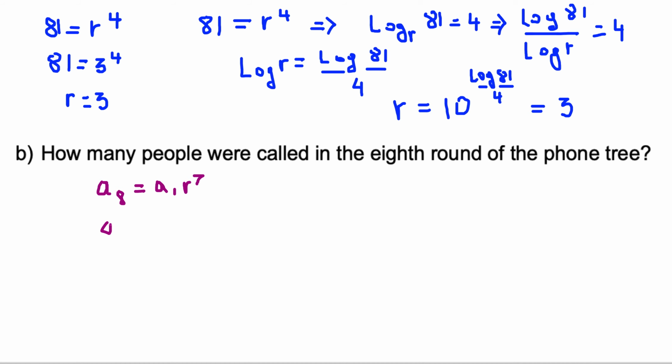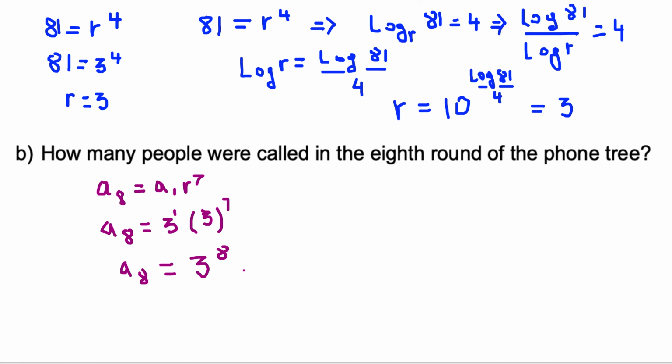Now we substitute the known values. A1 was 3, and the common ratio is 3, in exponent 7. When we multiply, a8 is going to be equal to 3 in exponent 8.